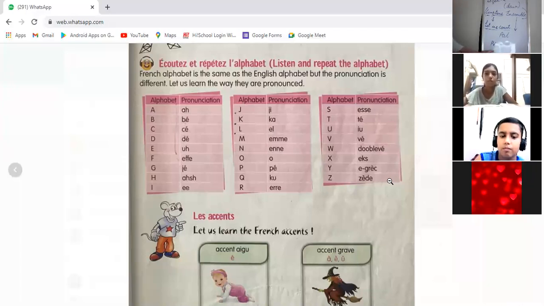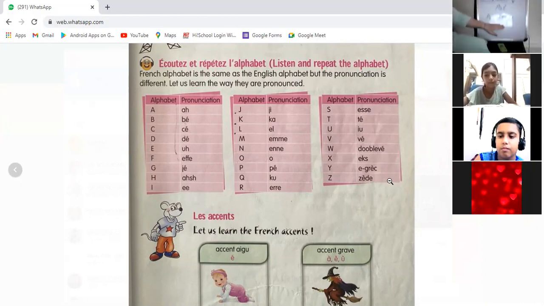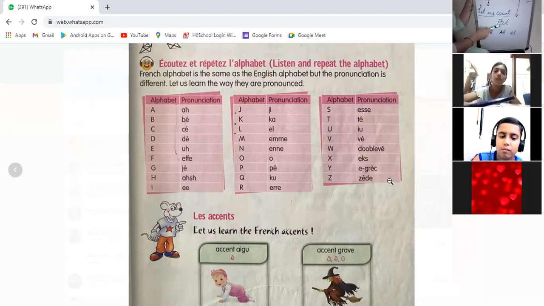No. P, A, and L. This is how French alphabets are pronounced. Is that fine? But the word we are going to read as pal only because the sounds are such.